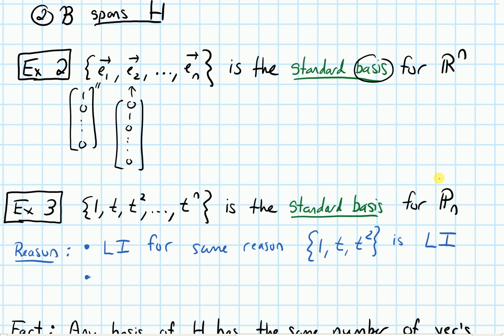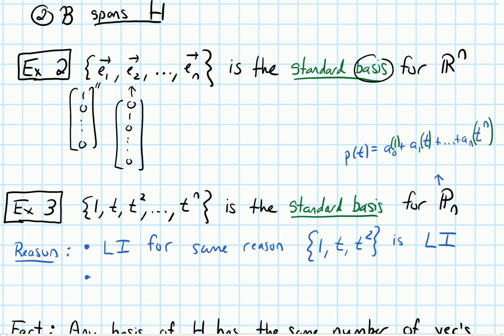The reason for that is that if p of t is something in Pn, it looks like a naught plus a1 t plus dot dot dot up until an t to the n. Notice that a naught, for example, is a naught times 1. The next term is a1 times t, all the way up until the last term, which is an times t to the n.